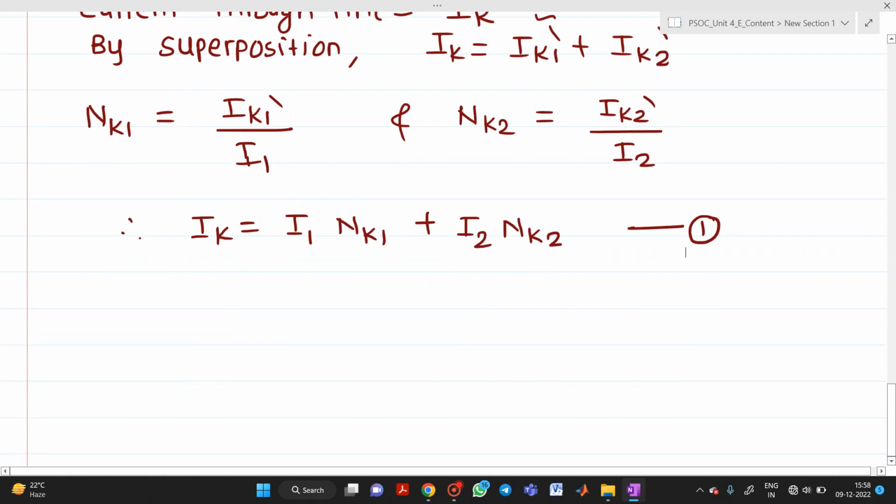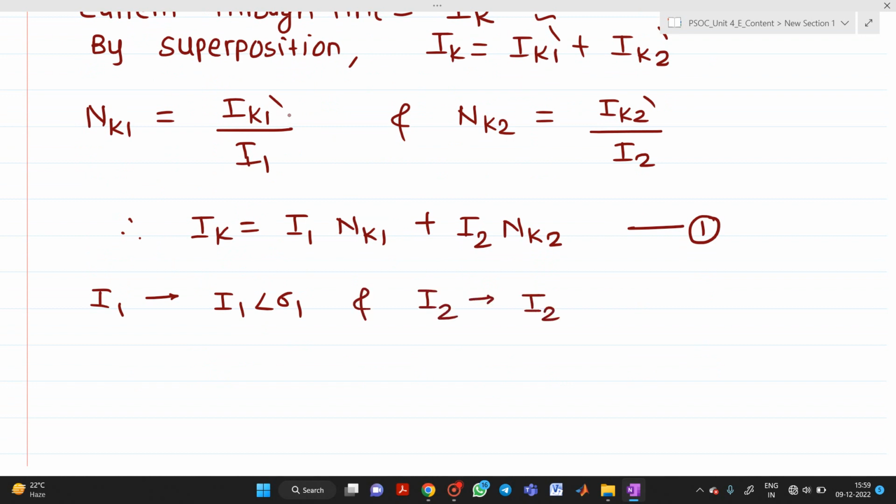Now, although the current distribution factors are real numbers, the values of I1 and I2 will not be in phase. So let I1 be equal to I1 at an angle sigma 1 in polar form, and I2 at an angle sigma 2, where sigma 1 and sigma 2 are the phase angles with respect to a common reference.